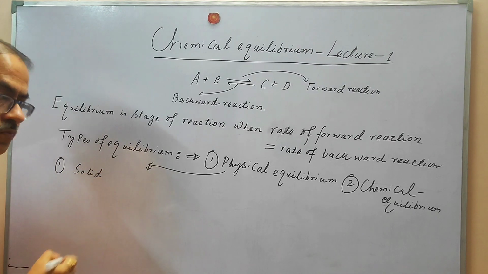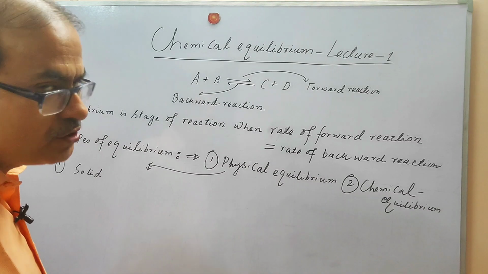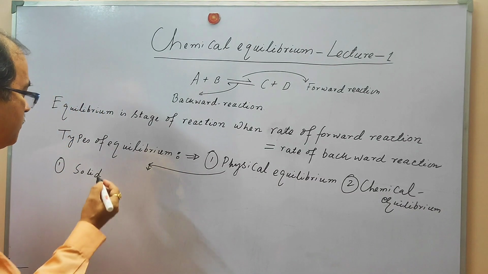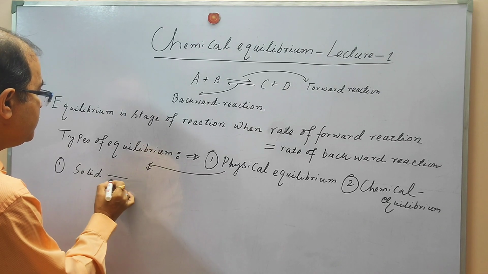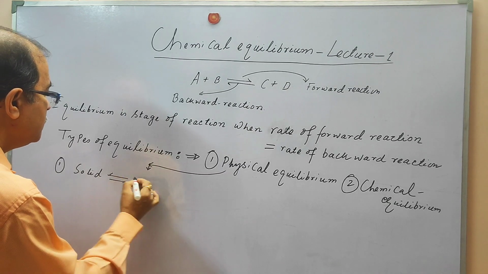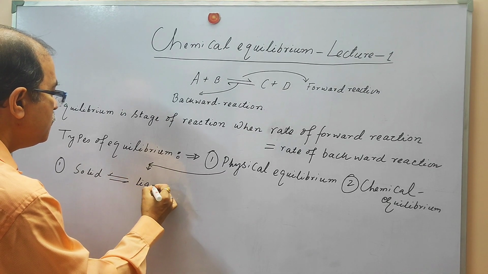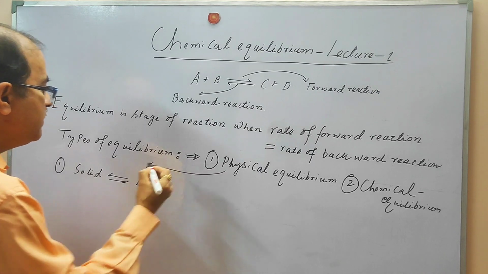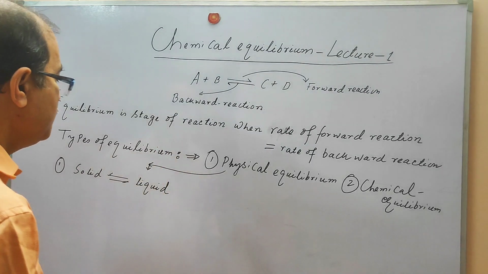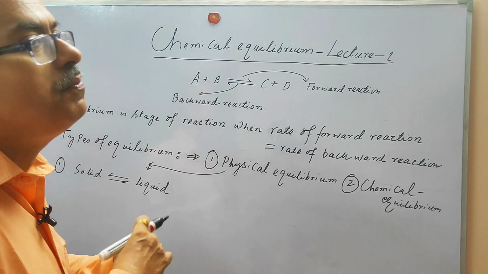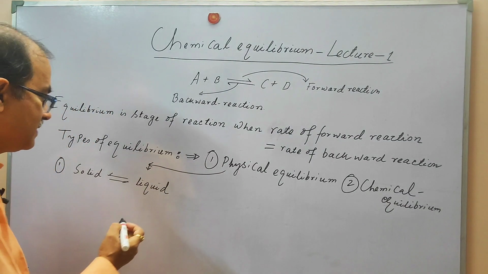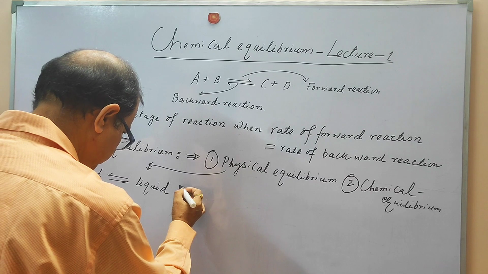Different phase transformations are the simplest examples of physical equilibrium, where you will find the solid has been transformed into the liquid.